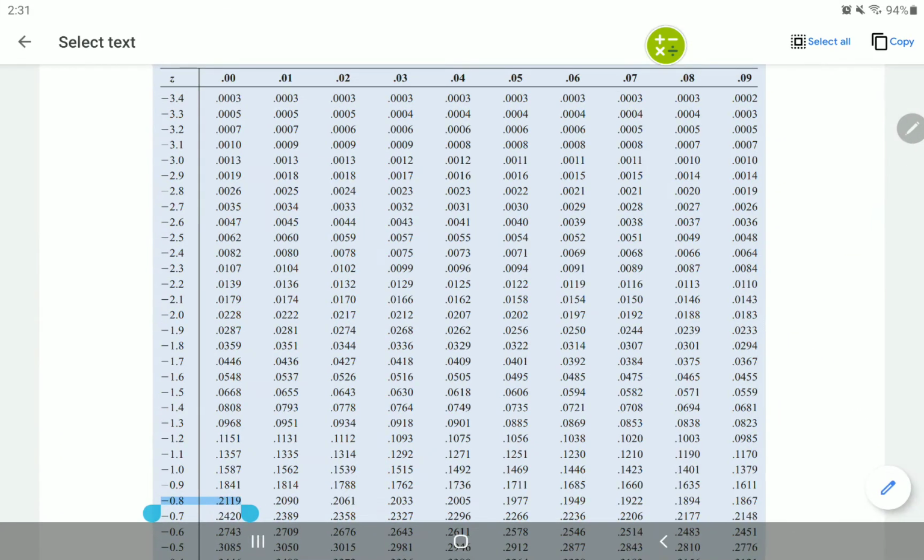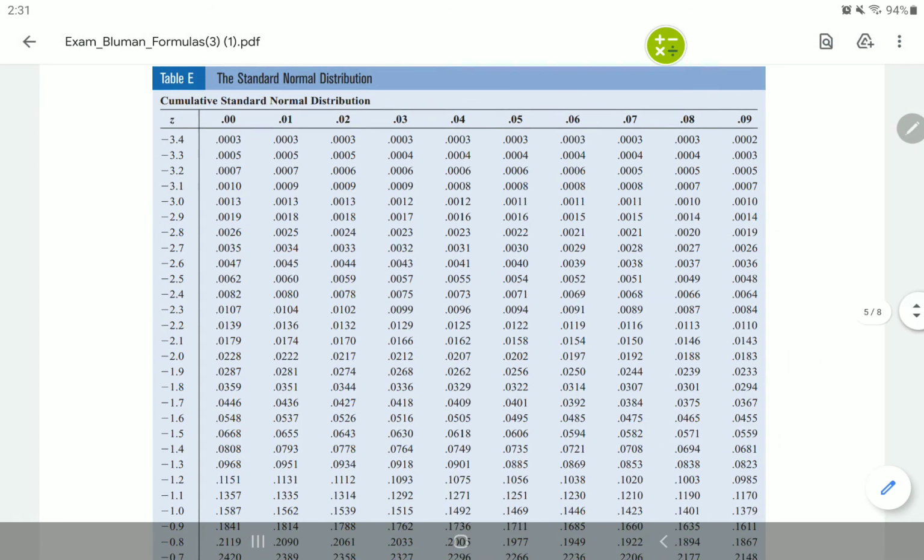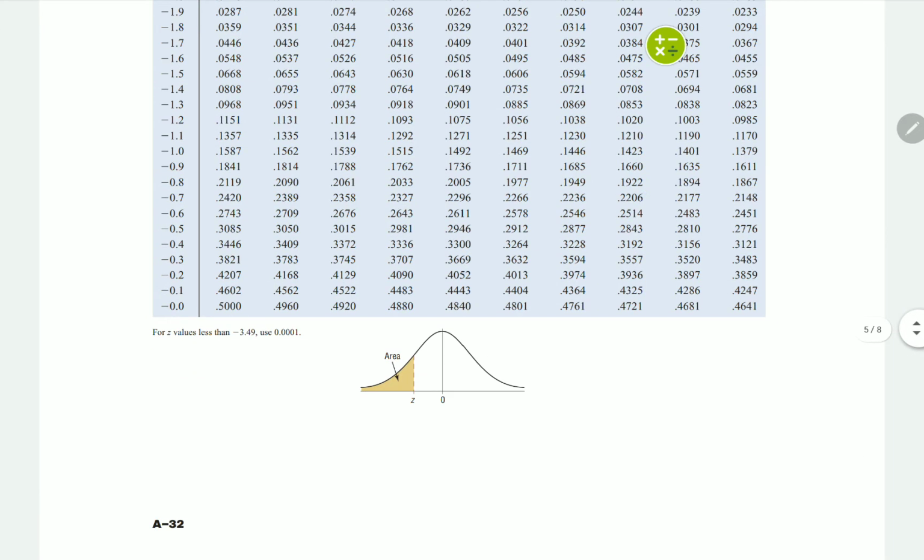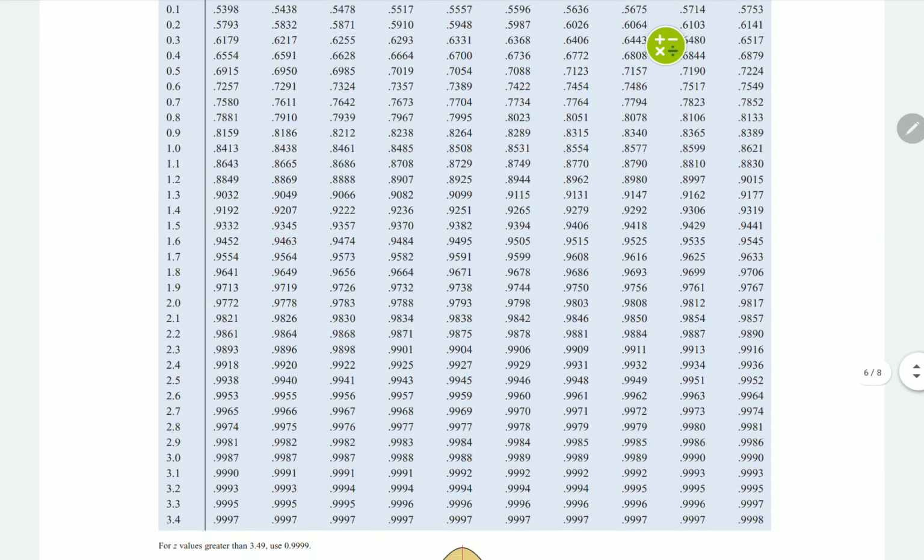I'm going to go back to the standard normal distribution table, right? I want you to look at the pictures down here. If you notice, the area in this picture is shaded to the left. I'm going to go to the positive z-scores.